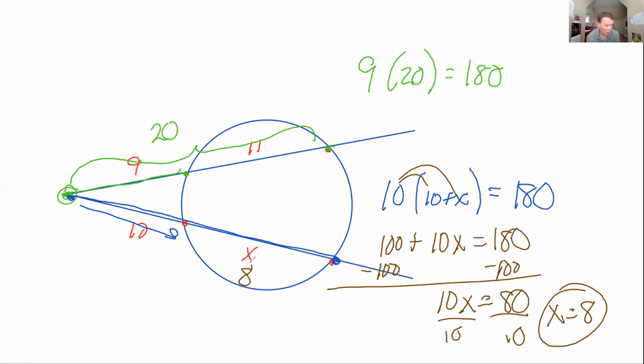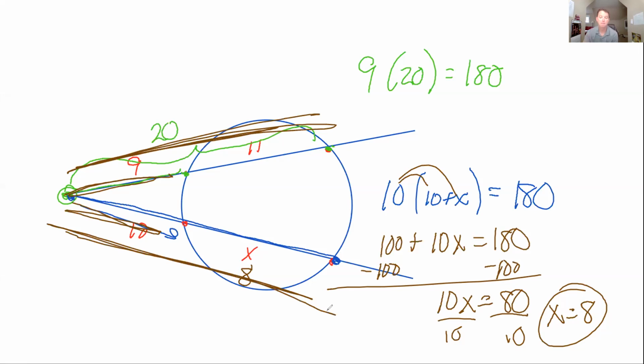That 11 isn't really an 11 as far as we're concerned. The 11 is part of 20, and the 8 is part of 18. So I'm telling you, this is one of the hardest kinds of problems there is to keep straight. This distance plus this times that distance equals this distance times that distance.